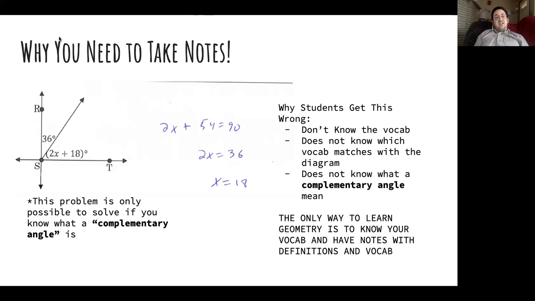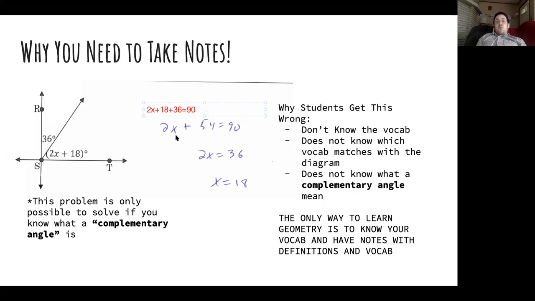Now, there's one more step that I would put in the beginning, which is that this is a 90-degree angle, and I'm just adding the 2x plus 18 and the 36 to get a total of 90 degrees. But you can see that the problem-solving process here is just like a multi-step equation from the early days of Algebra 1.